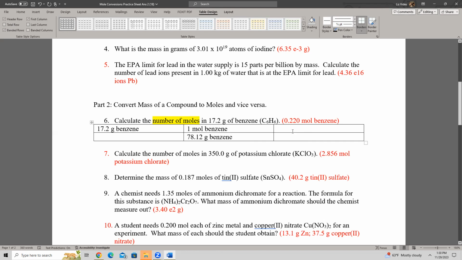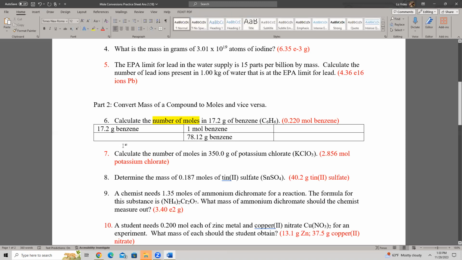That's all we need. See, we don't even need this extra one, because they just want to know the number of moles, and we just did that. So all we have to do is divide, right? 17.2 divided by 78.12, and that gives me 0.220 moles.